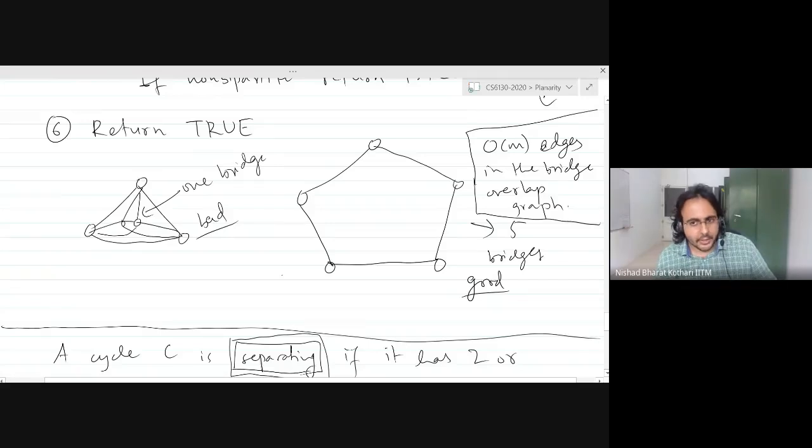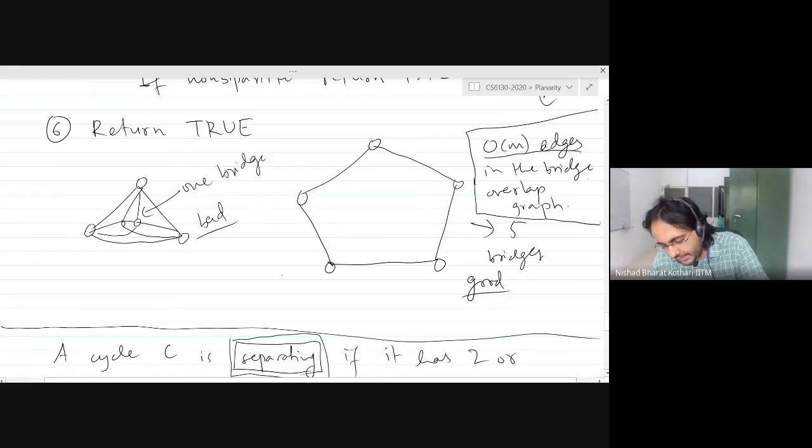K5 is an example. You take any complete graph, K100, and take the cycle 1, 2, 3, 4 up to 100. Now all the edges which are not on this cycle become a bridge of the cycle. So roughly, there is an order m number of bridges. Of course, the cycle edges are not there, but that's just a small number. So that's one example.